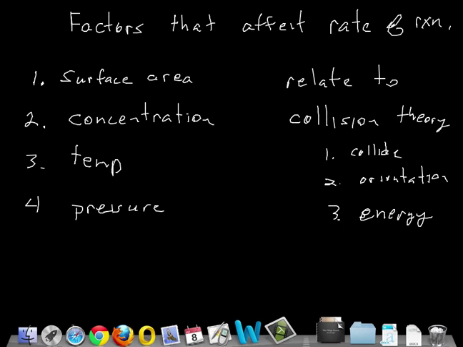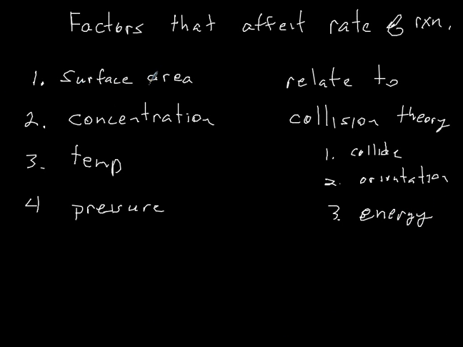So if I change the surface area, which of these postulates is affected, which would cause a change in the rate of reaction? Well, I'm going to have more particles available to react, and so I'm going to have more collisions occurring per unit time, and that's going to increase the reaction rate.